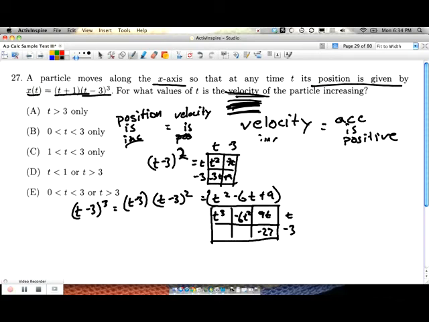Negative 6t times negative 3 is 18t, and t squared times negative 3 is negative 3t squared. If we combine these pieces, you can usually combine them on the diagonals when the degree is standard and there are no mixed terms. So we got t cubed minus 9t squared plus 27t minus 27.